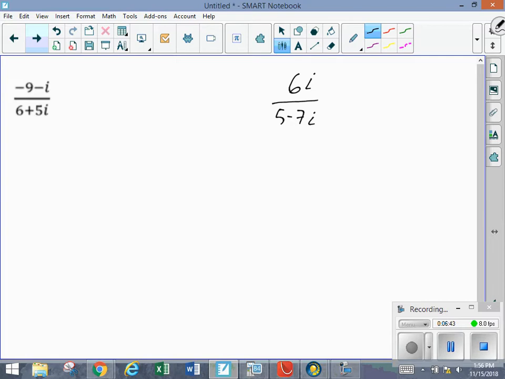We're going to multiply this by 6 minus 5i over 6 minus 5i. If we're being asked to simplify this, what we're technically being asked to do is to get i out of that denominator, right? To rationalize our denominator.